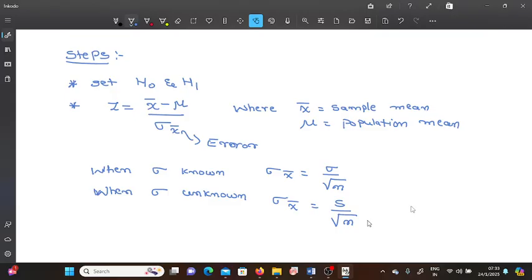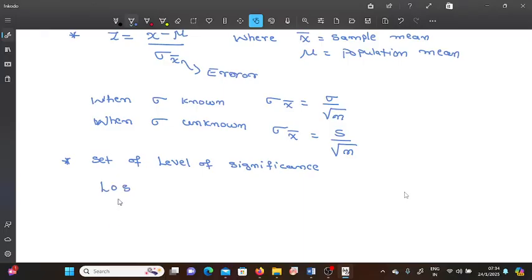After this, set the level of significance. Generally we consider the 5% and 1% levels of significance for the given two-tailed and one-tailed tests.